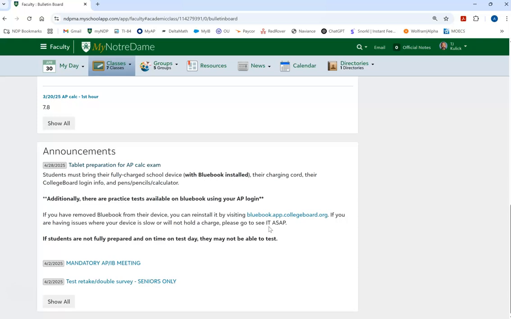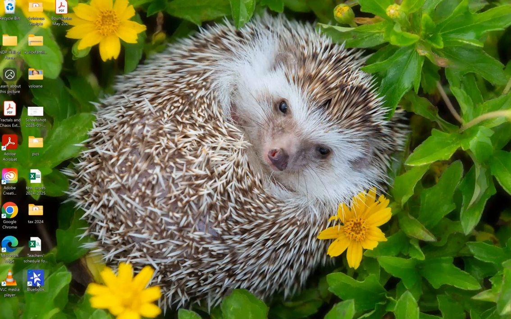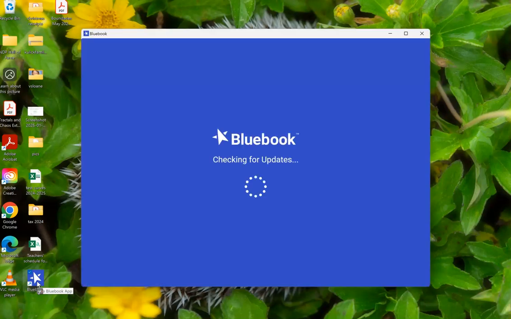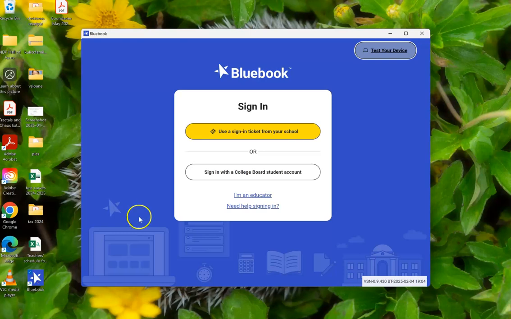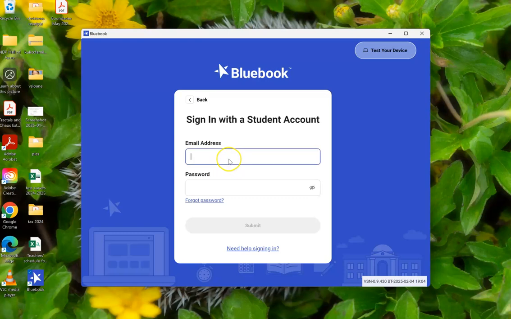Does everybody still have that Blue Book app downloaded? I think you've needed it for other courses. There's also a practice for the multiple choice for the AP Calc. So if I go to my Blue Book and I just sign in, now on my end, I can't do some of the stuff that you can because I'm not a student or whatever.